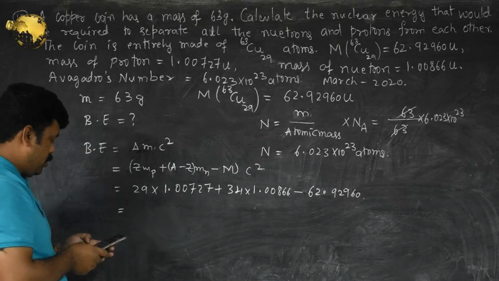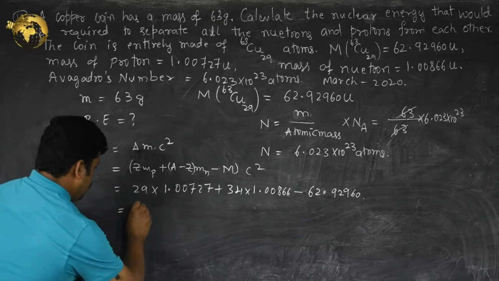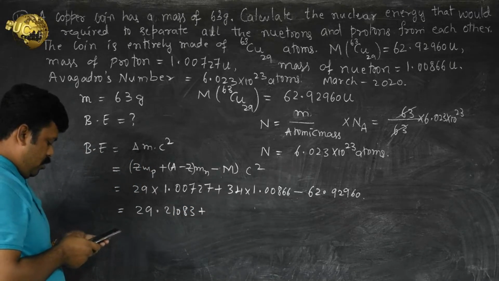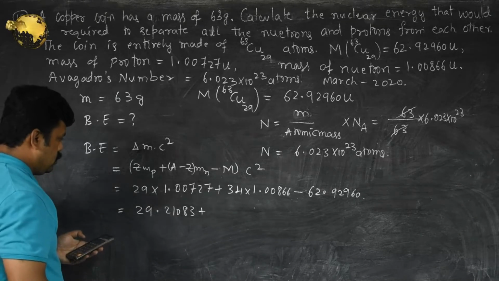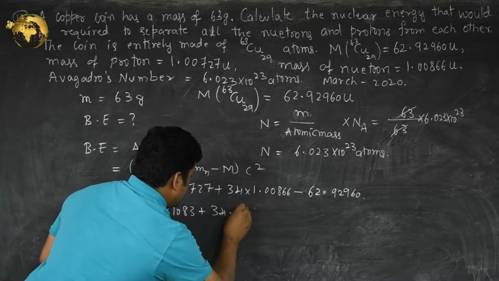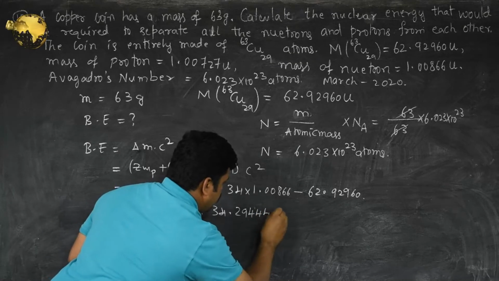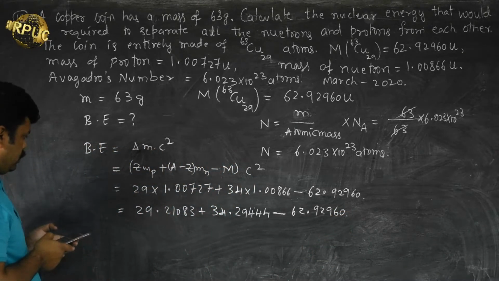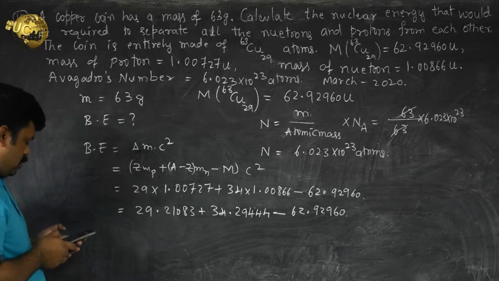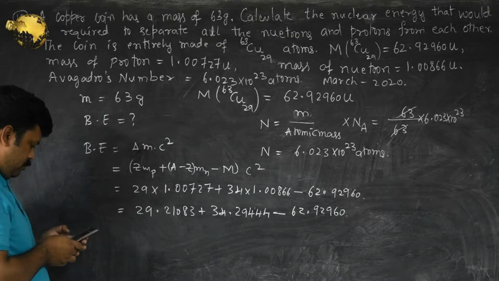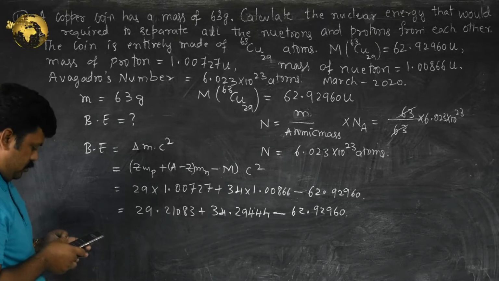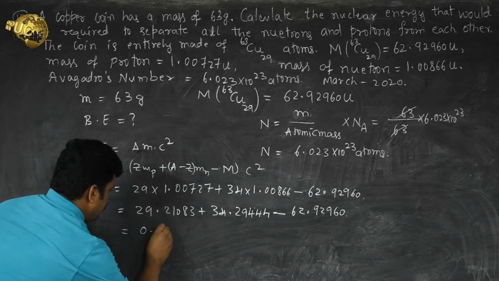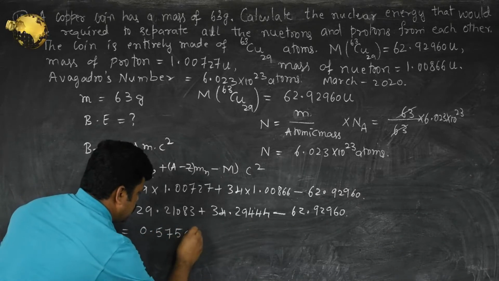So let's solve this. 29 multiplied by 1.00727 comes out to be 29.21083, plus 34 into 1.00866, which comes out to be 34.2924, minus 62.92960. So we get the value 0.57567 u.